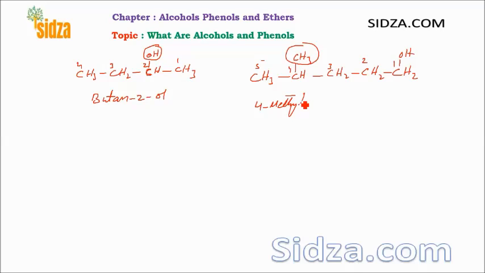The methyl group is present at carbon number 4, so therefore the name will be 4-methylpentane. This is pentane-1-ol, right? Because the OH group is present on carbon number 1. So the name will be 4-methylpentane-1-ol, right?